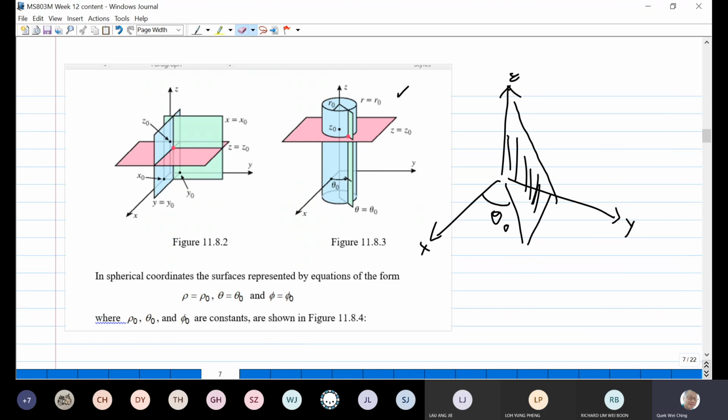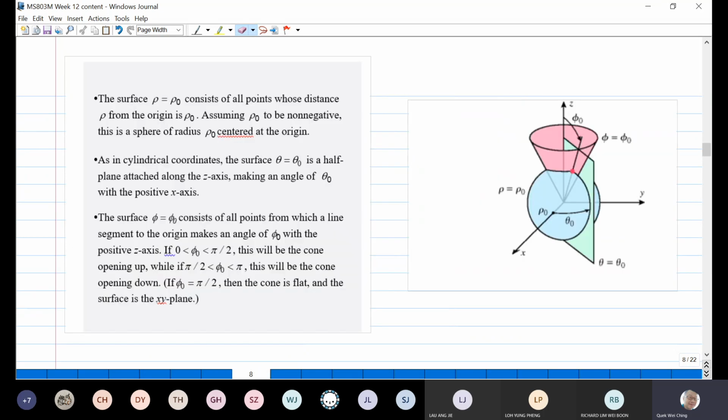What happens when I have rho is rho 0, theta is theta 0, and phi is phi 0 now? This is a picture here. What does rho equal to rho 0 mean? This actually means the distance from the origin is rho 0.